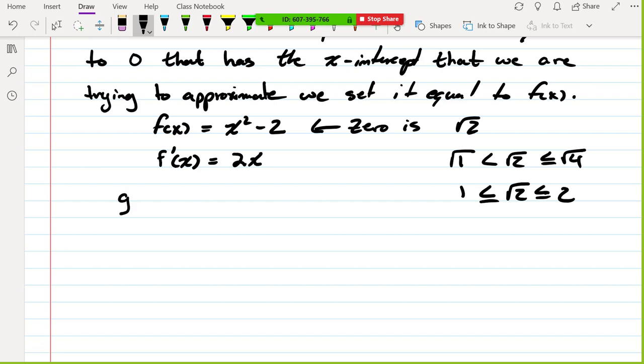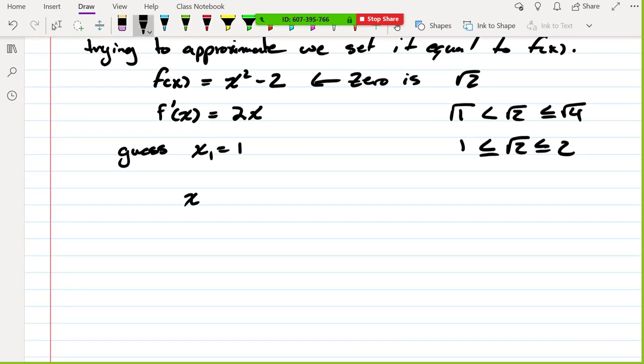I'm just going to guess very simply that x1 equals 1. If you start with x1 equals 2, you're going to get the same answer in the end. We do have to be a little bit careful about our guesses, but for this one it's not really going to matter which one we pick.